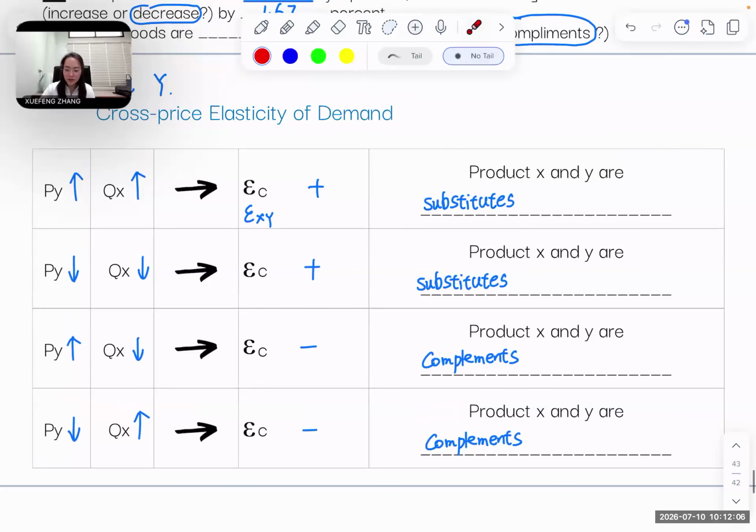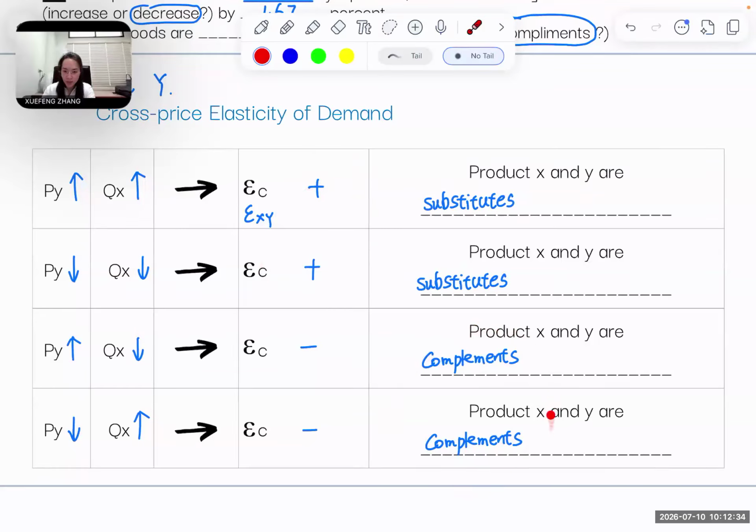The rule is that if X and Y are moving in the same direction, which means positive, okay, they are substitutes. And if X and Y move in opposite directions, this is about direction, they are complements, the sign is negative, okay? For substitutes, they compete with each other, so same direction, which is positive.